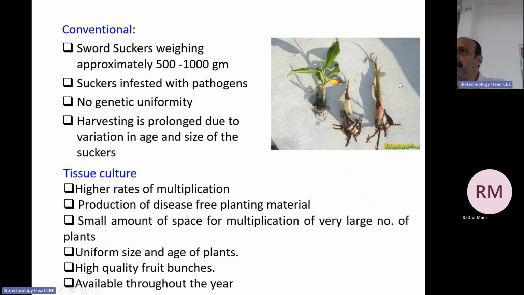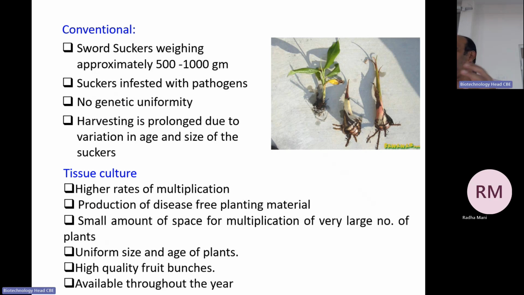So if you cut each and every leaf from banana, what we have is called the bunch, and in a banana bunch you have the hands, and each banana is called a finger, right?